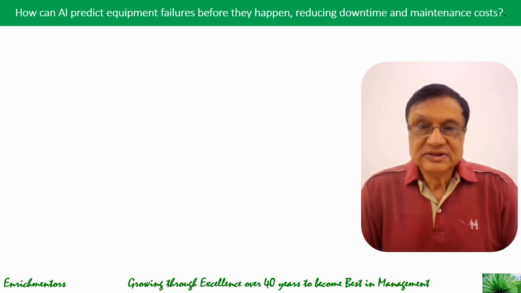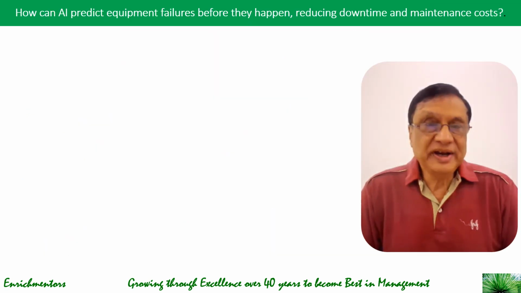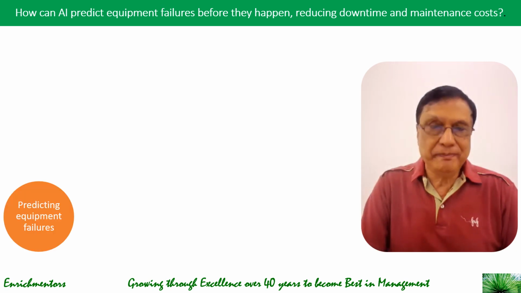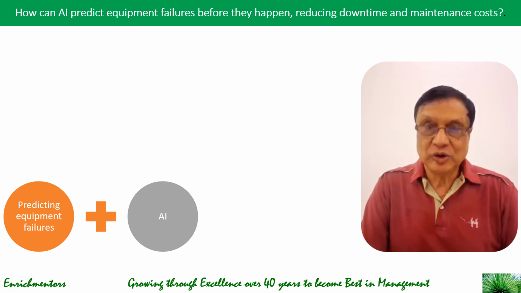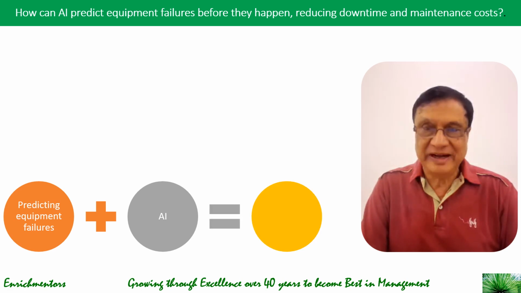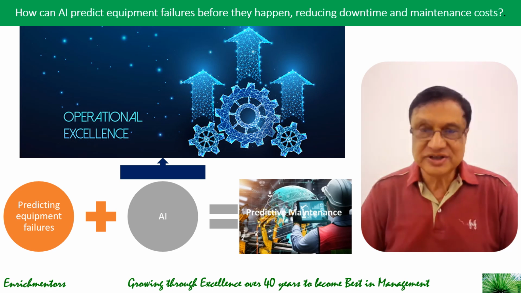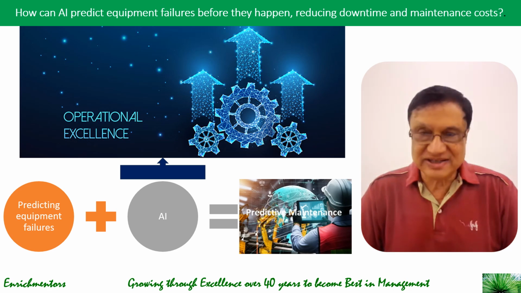So the question is, how can AI predict equipment failures before they happen and reduce downtime and maintenance costs? First, let's understand that predicting equipment failures with AI, also known as predictive maintenance, is one of the most powerful ways to boost operational excellence.